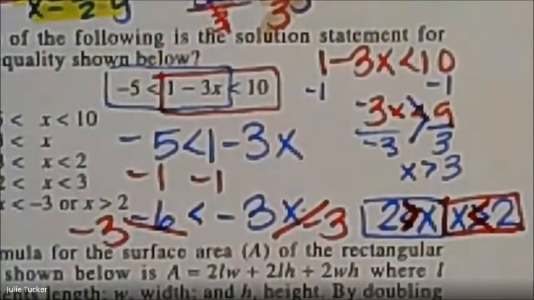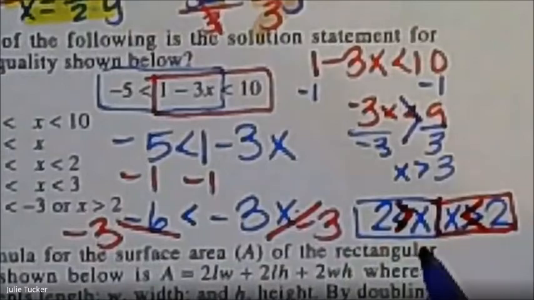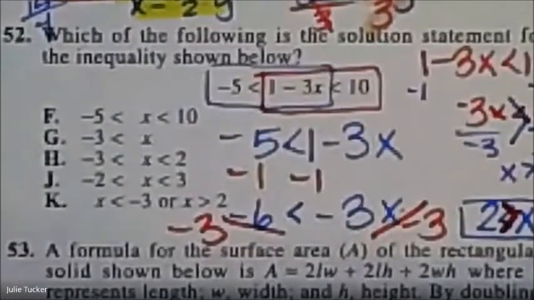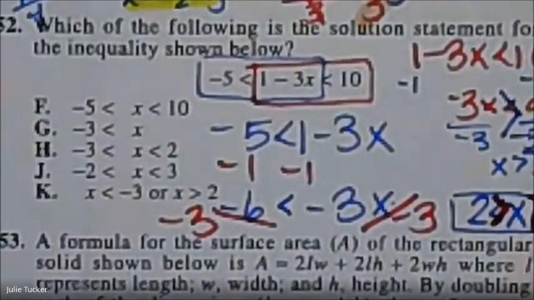Okay. So we need x is greater than 3 and x is less than 2. So which answer has x is greater than 3? Oh, negative 3. Sorry. X is greater than negative 3 and less than 2.